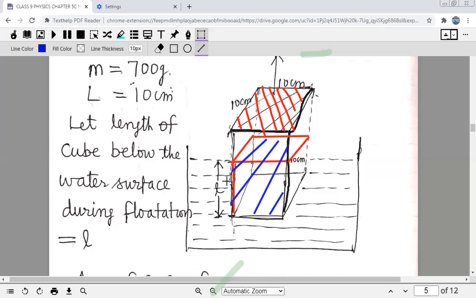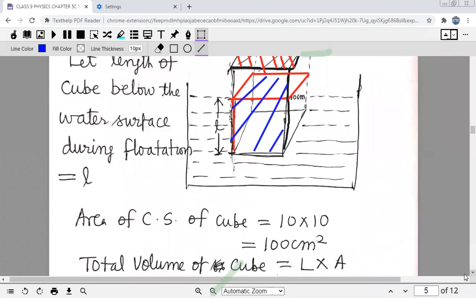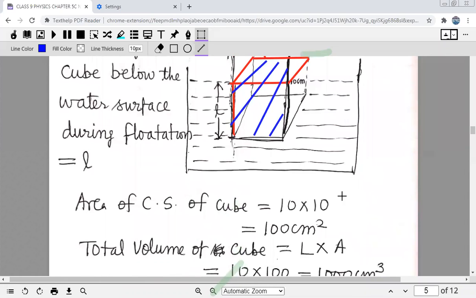It's clear. What will be its volume? Length into area of cross section, which is the same. So small l into capital A. Now the area of cross section will be 10 into 10 because in a cube all the sides are equal. So it will be 100 centimeter square.